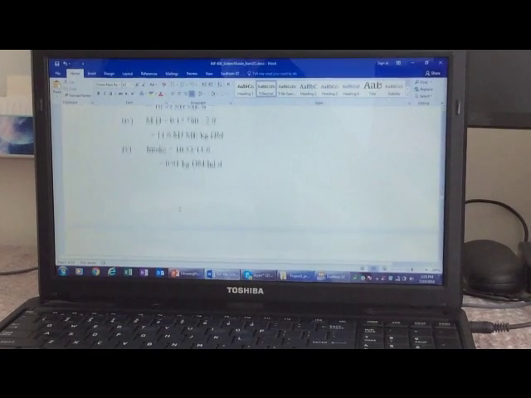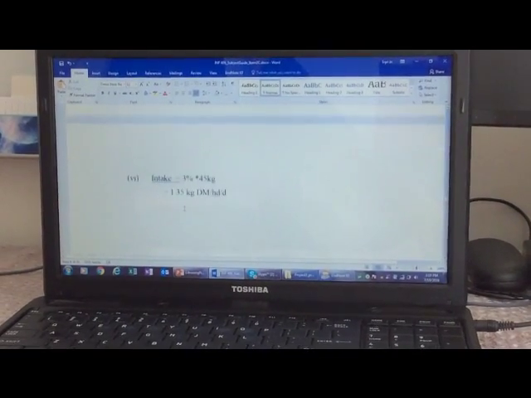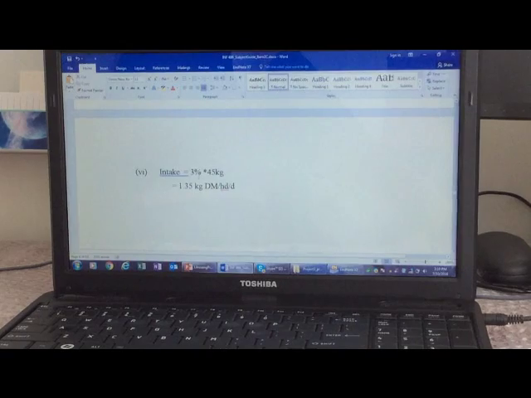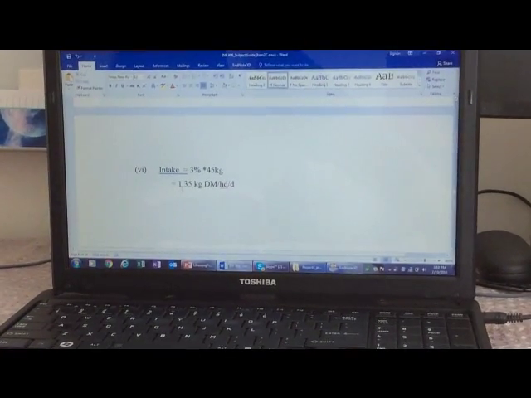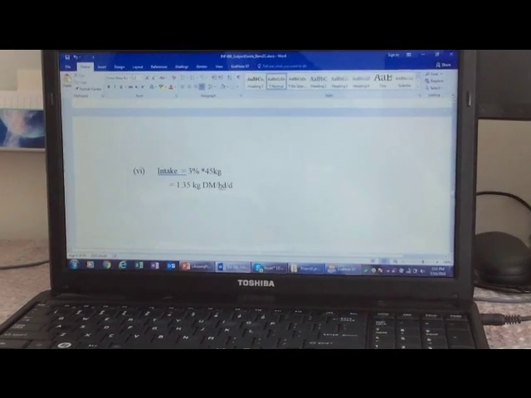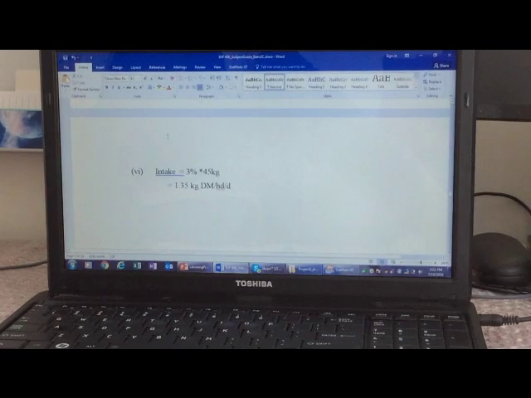When we decide to calculate the intake based on the body weight of the animal, 3% body weight, it gives us the figure of 1.35 kilograms dry matter per head per day, which is higher than 0.91.